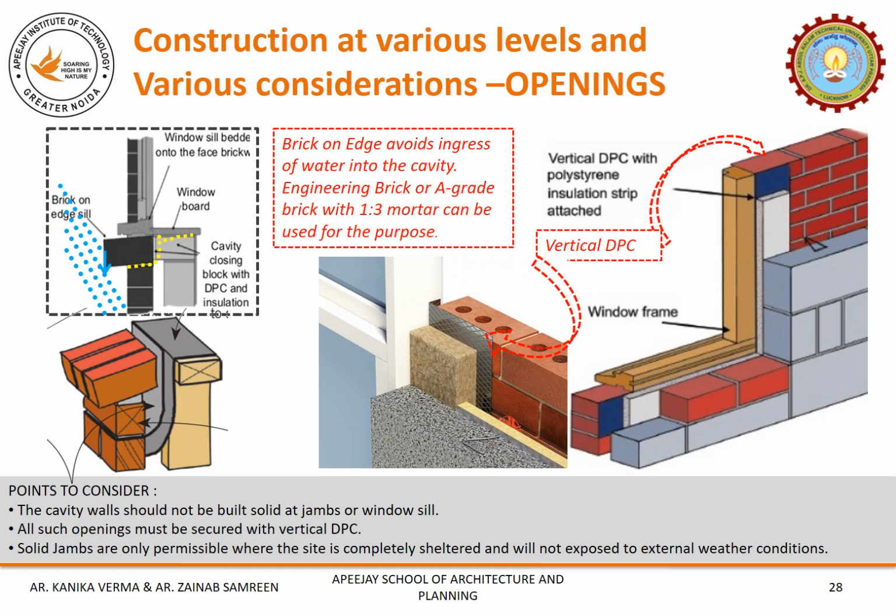However, by not using a good or proper mortar, one can create a passage for water to seep through those perpends or mortar joints. A firm DPC layer should be given right below the brick on edge course, which should be extended to the window frame or the closer material.